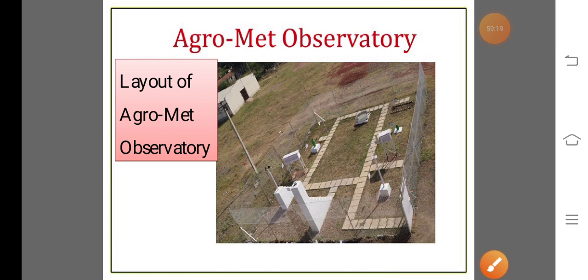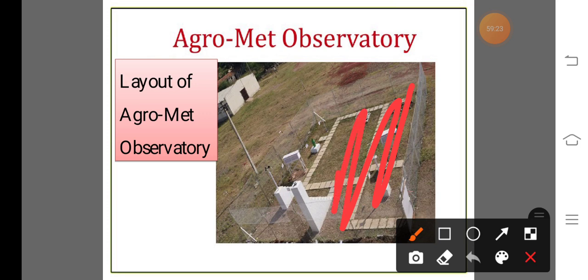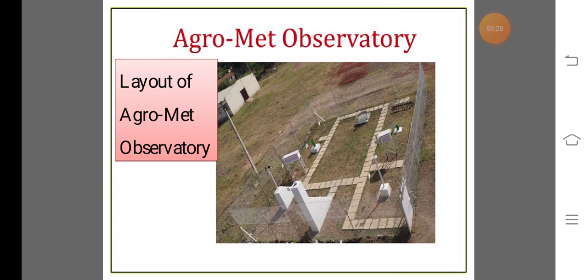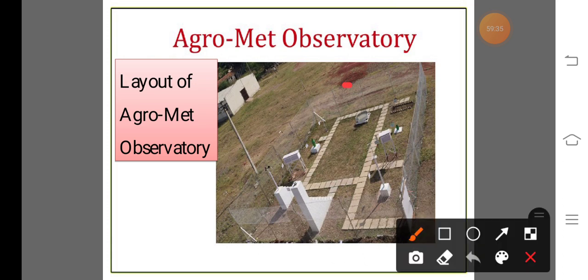Now the next point, the site should be perfectly level. That means the area selected for installation of agromet observatory should be level. Also, the site should be free from waterlogging. That means in rainy season, no water can be logged in this agromet observatory area. Also, this observatory should be easily approachable for recording of observations.